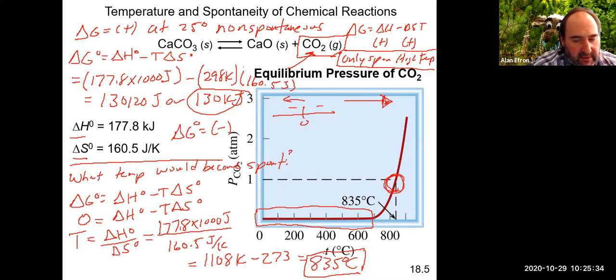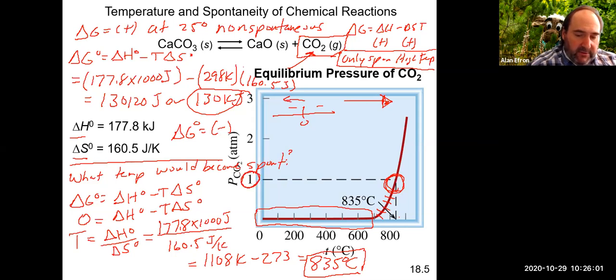Now you may say to yourself, hey, there's some activity happening here before 835, and you're right, there is some CO2 being formed before 835 degrees Celsius, but it doesn't really reach standard pressure conditions until about 835 degrees Celsius. Remember, standard pressure, as we've been talking about, is 1 atmosphere.